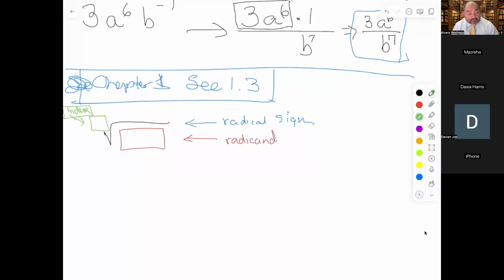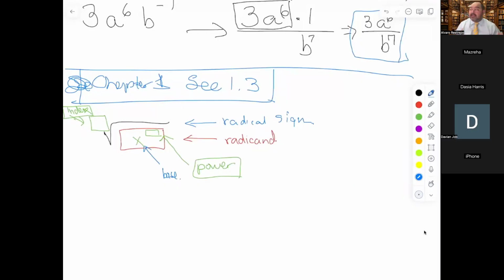And here on top, this is a variable, by the way. This is a power in the green. We could also call this here a base. All right, so you have different pieces to this.